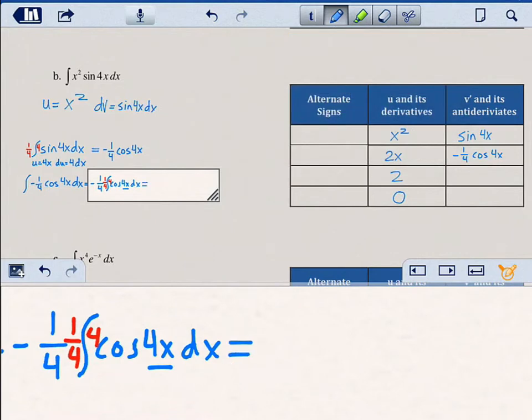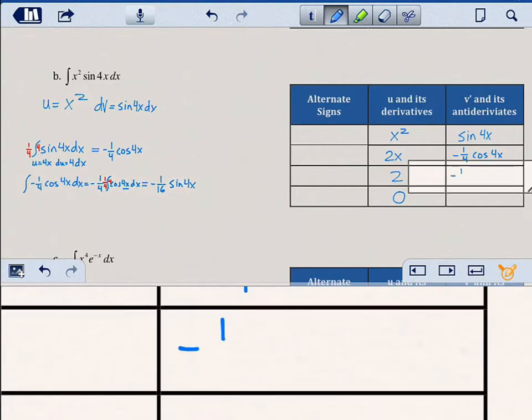And when we integrate this now, the antiderivative of cosine is just sine, so we have negative 1/16 of sine of 4x. Okay, so we'll put that one in there.